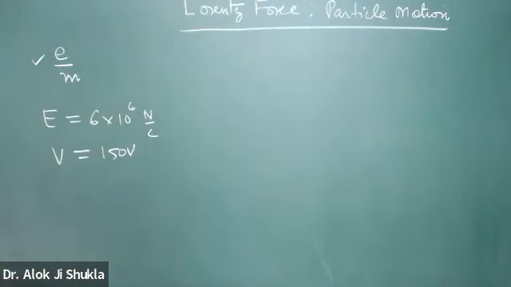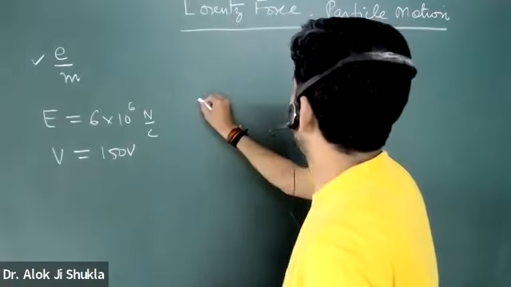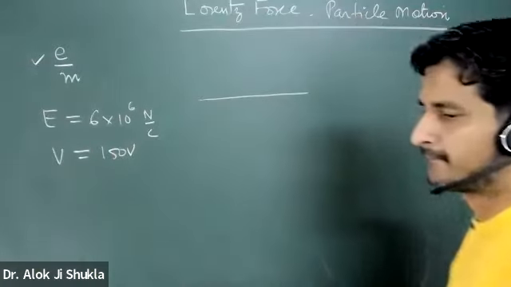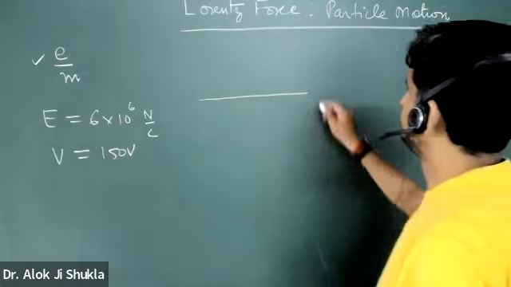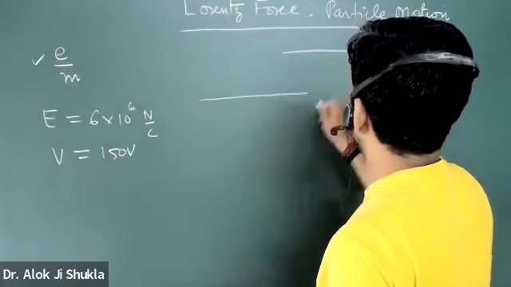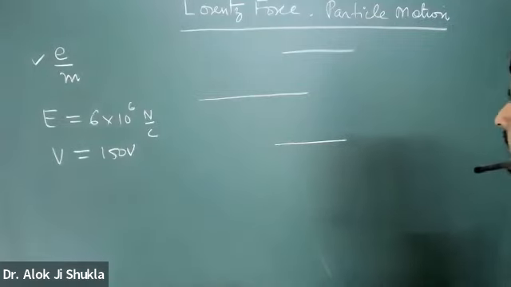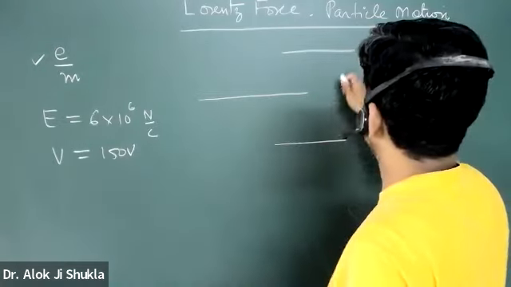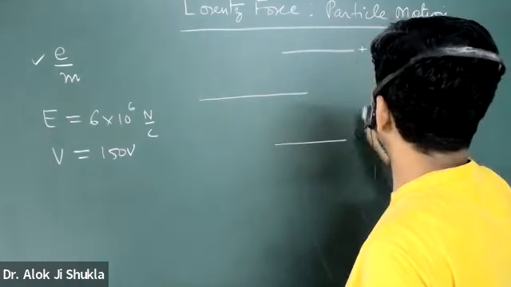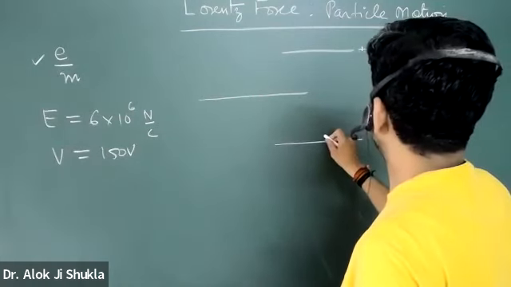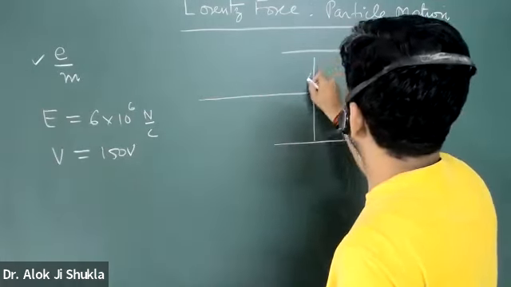The magnitude of magnetic field that leads to zero deflection of the electron beam. So basically there is an electron beam coming like this, and there is, suppose, a potential like this, and because of this potential, suppose this is positive potential, this is negative potential, so there will be an electric field like this.